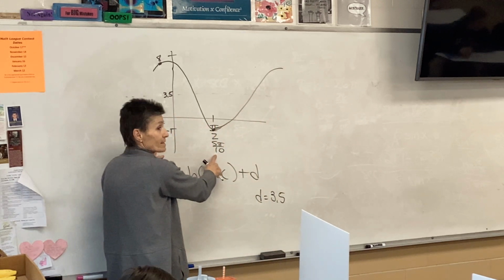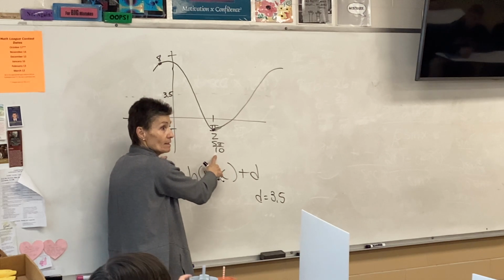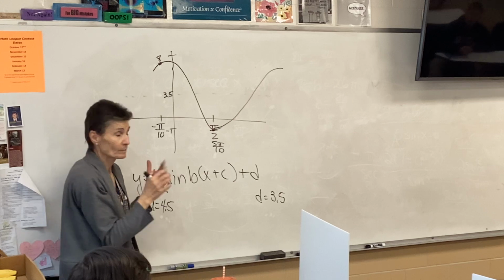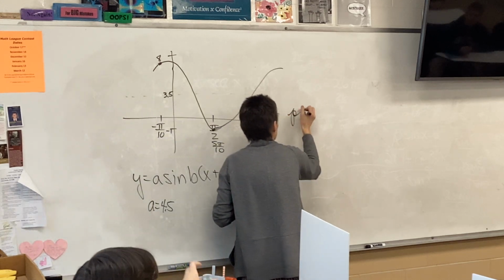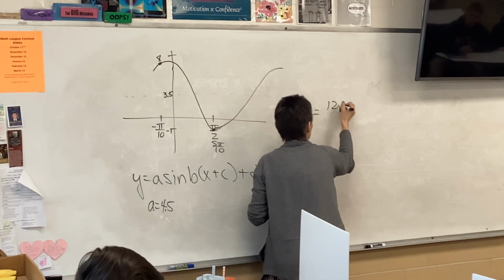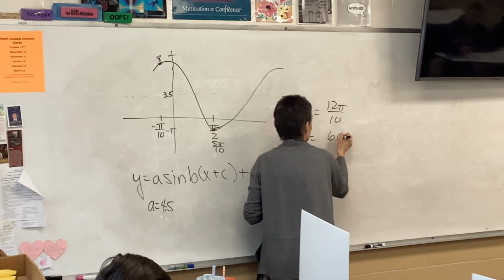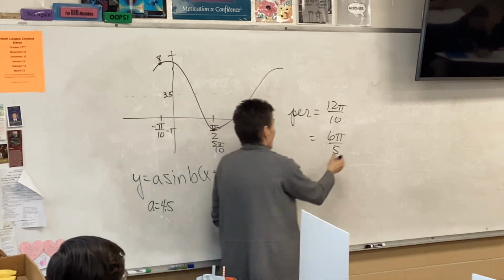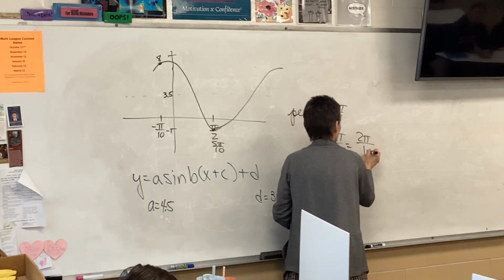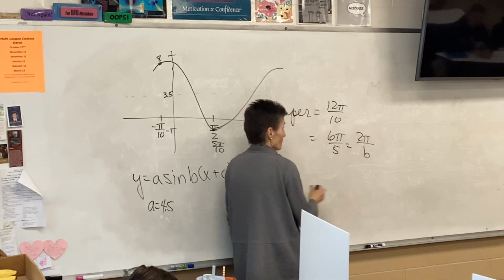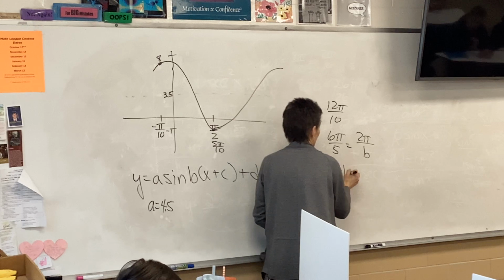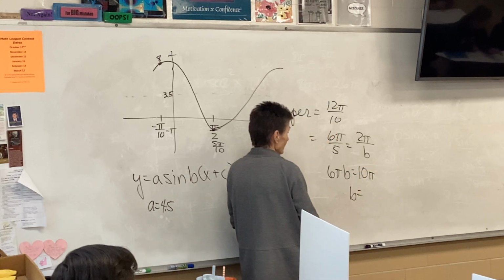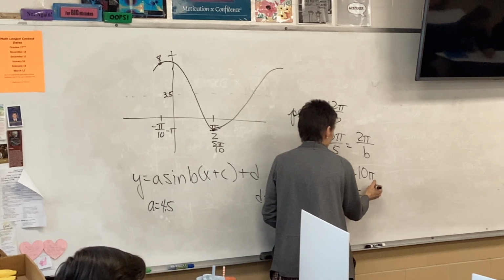So if that's 6/10, then the whole period must be 12/10, which I'm going to go ahead and make 6/5. That's my period, and that is 2 pi divided by B. So it looks like B is 5/3.